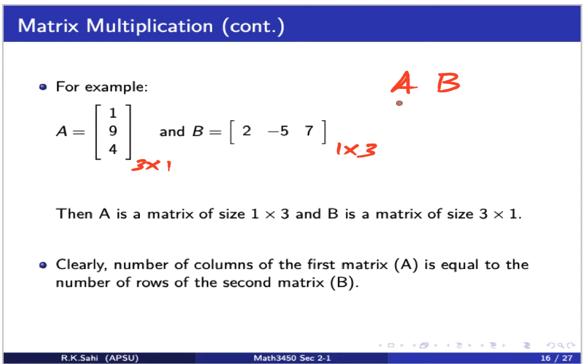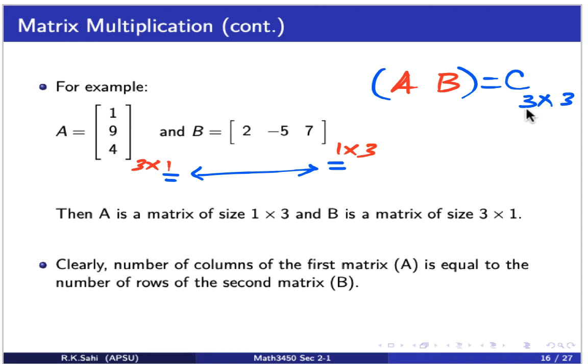For that to happen, according to the condition, the number of columns of the first matrix, A, is the same as the number of rows of B. So these two are exactly the same, and hence this matrix multiplication is possible. Not only is it possible, but it also tells us the size of the matrix. The size of this new matrix, suppose it is C, is 3 by 3.